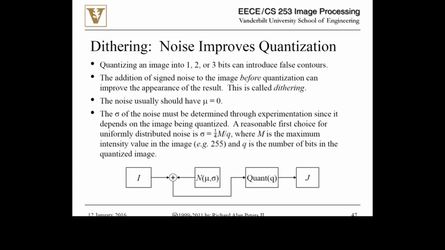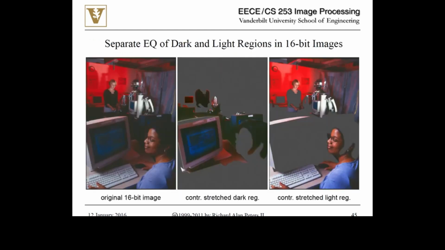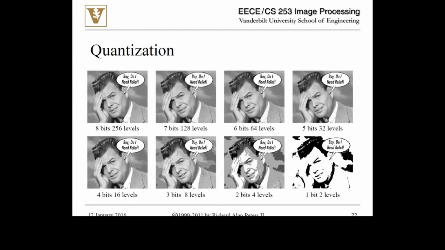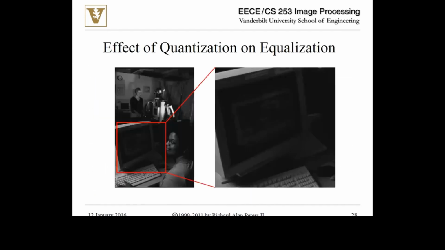And before quantizing, the typical path would be: you have an image, you quantize it, and then you have your result. This would give some results like the ones we were seeing at the beginning of the lecture. So you take an image, you quantize, and then you get your output. But before quantizing, we will add noise.